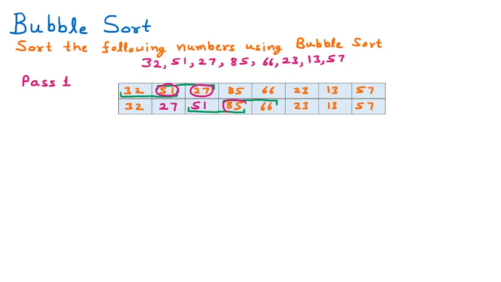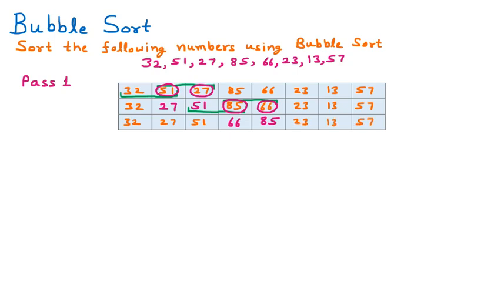We are inserting one more row here. Now 66 will come before, then 85 will come. The rest of the numbers will be as they are: 32, 27, 51, 23, 13 and 57.